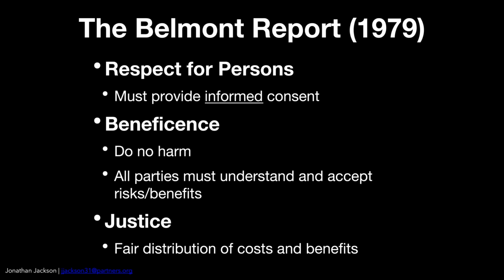All of us remember from undergraduate psychology, or maybe even high school psychology, that the Belmont Report had three crucial pillars for research that govern all human subjects research to this day: respect for persons, beneficence, and justice. It is my argument over the next few slides that we've gotten pretty good at respect for persons. We do give people informed consent, and we've gotten pretty good at beneficence, where we are making sure that we are doing no harm to others.